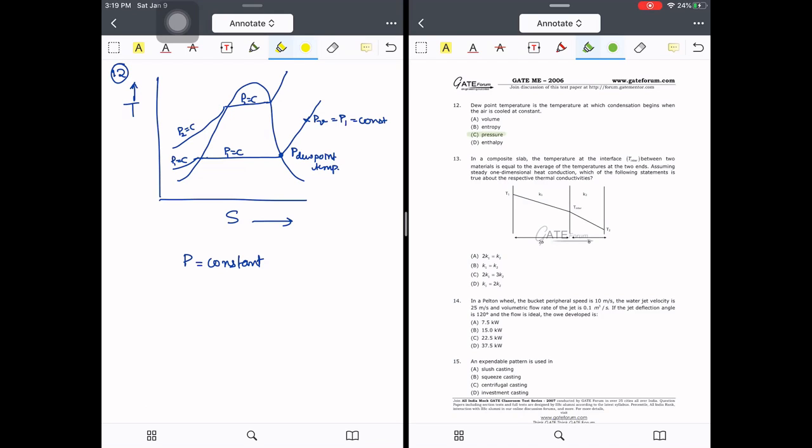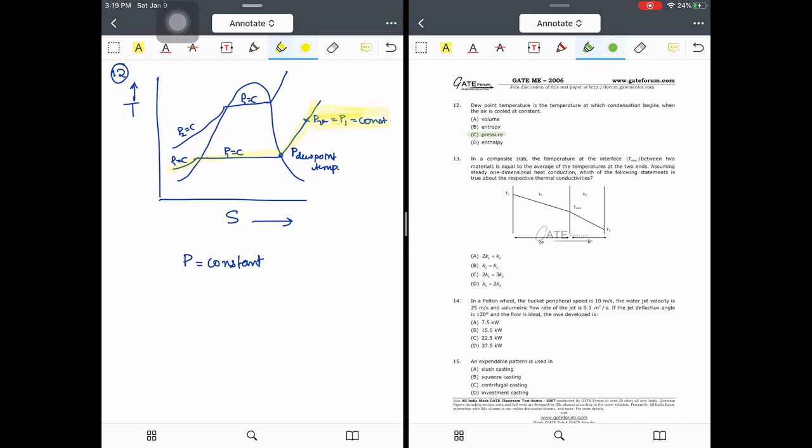Question number 12. The dew point temperature is the temperature at which condensation begins when the air is cooled at constant, it is pressure. Observe it carefully. This is the TS diagram, and dew point means: suppose this line represents the constant pressure points.